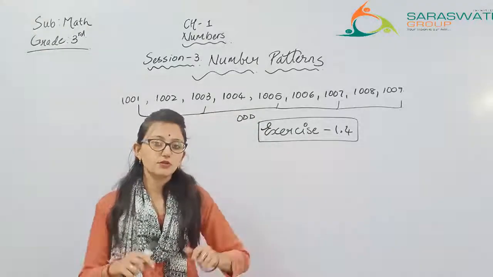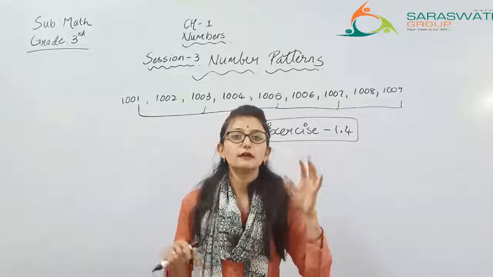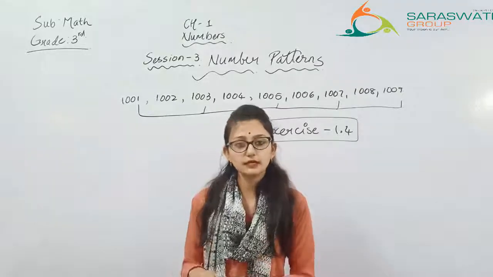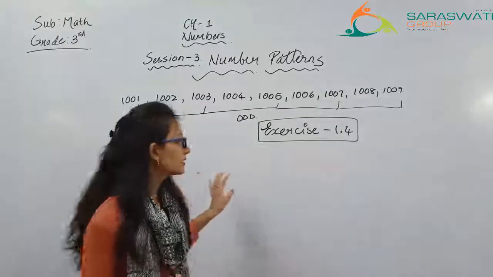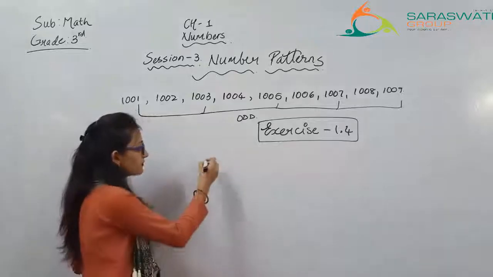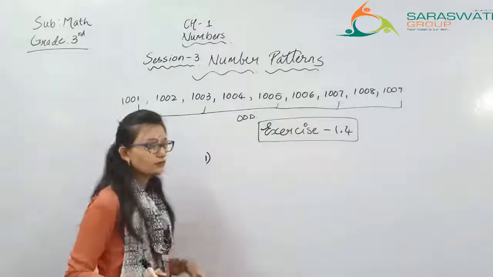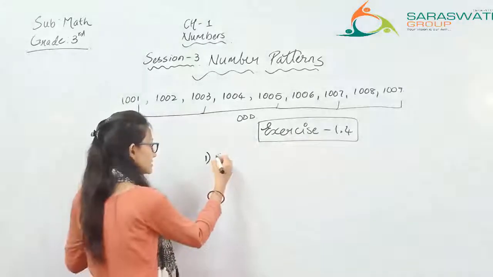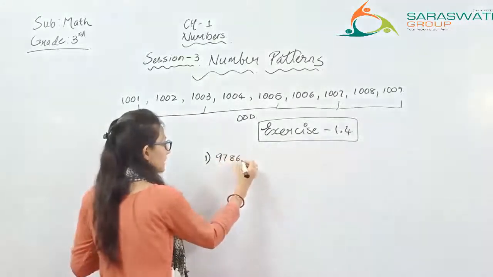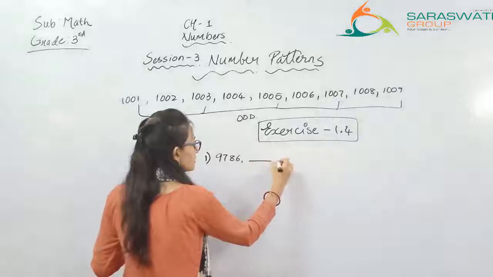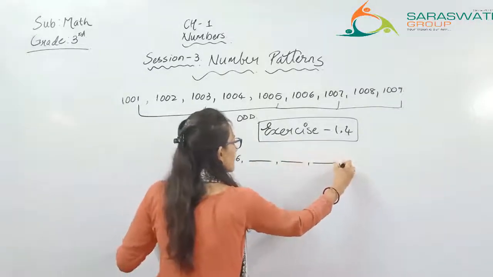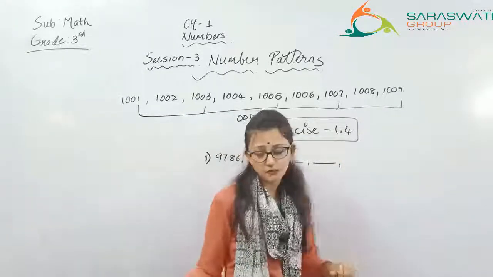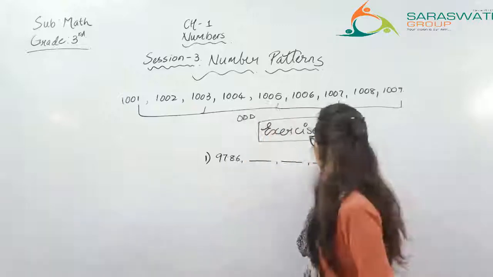In this exercise, you are given a question: complete the following sentences. So the first question is 9786, and then you are given 3-4 blanks, and you have to write the answer in between them.